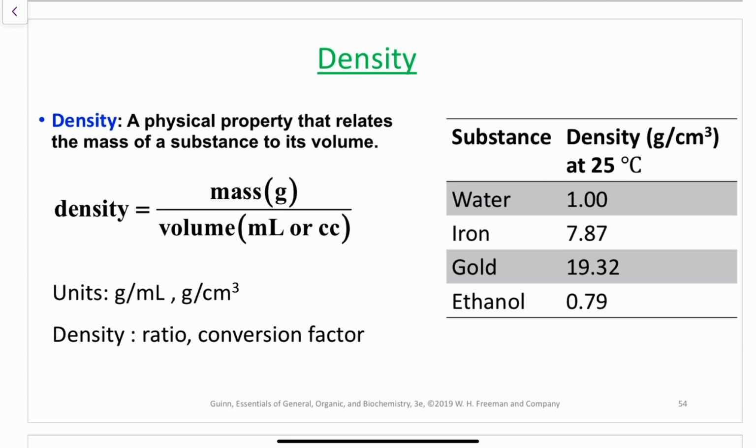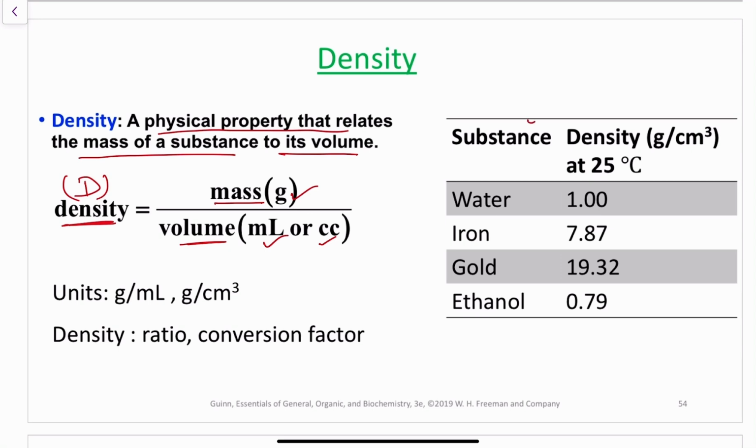So density is a physical property that relates the mass of the substance to its volume. So that means density, which is usually denoted by D, is equal to the mass divided by the volume. Mass in grams and volume can be in milliliter or cc, cubic centimeter. So each substance has its own density.